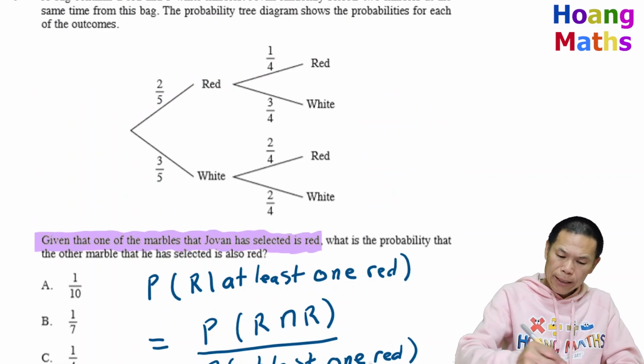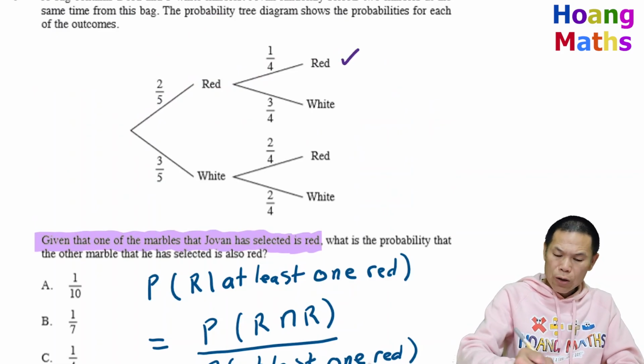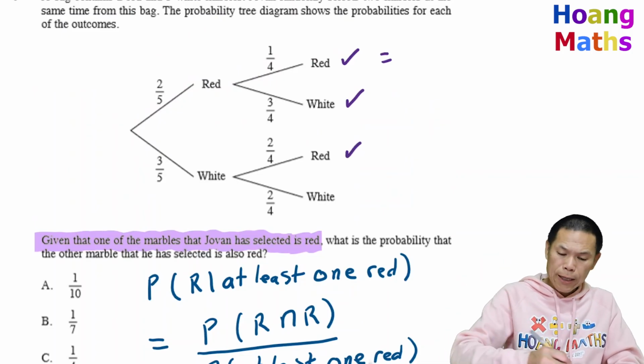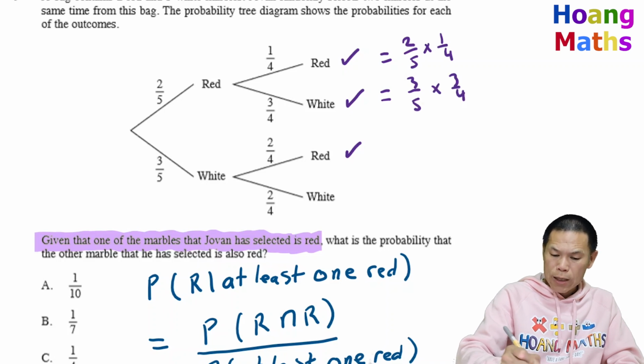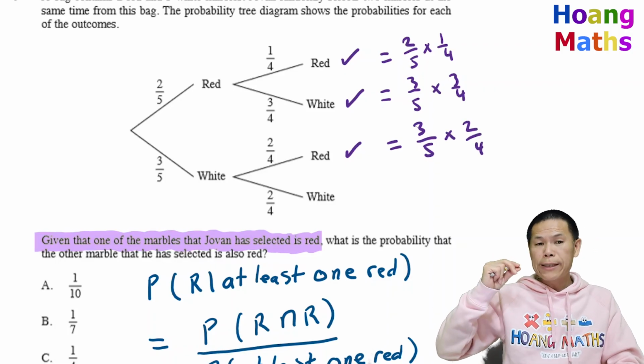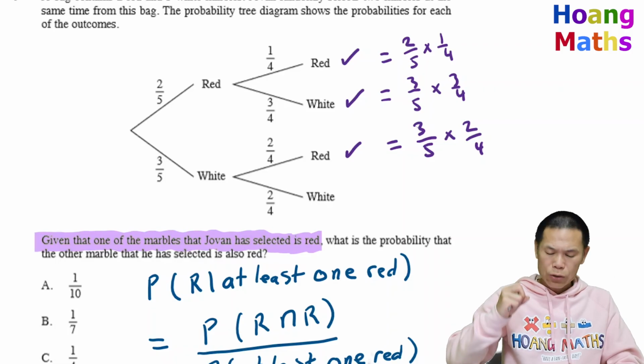So this means two red or one red, and this is red. So we just need to find all these probabilities and add them together. Like 2/5 times a quarter, and this is 3/5 times 3/4, and this is 3/5 times 2/4. So we just work this out and add them all up, okay? So that's what it is.